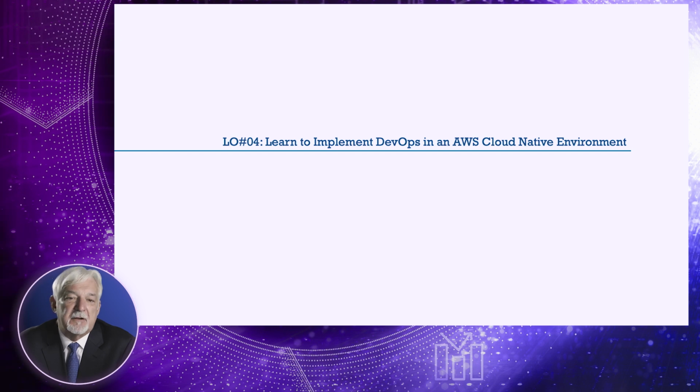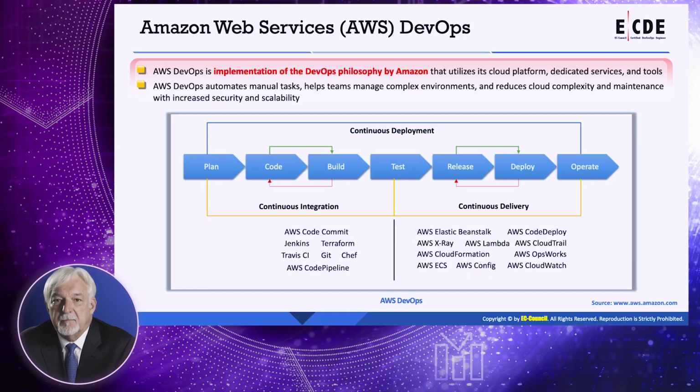All right, now we're on our lesson objective number 4, which is to learn how to implement DevOps in an AWS cloud native environment. So basically, AWS DevOps has a continuous deployment type of model.